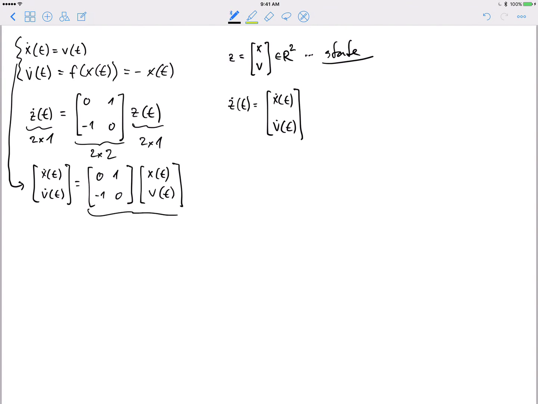If you work out this matrix-vector multiplication, what you will see is that you get a vector v of t and minus x of t. But see, this is exactly what we had here: v of t and minus x of t, okay? That's the same thing as here. Okay, that's I guess the only tricky thing, right?